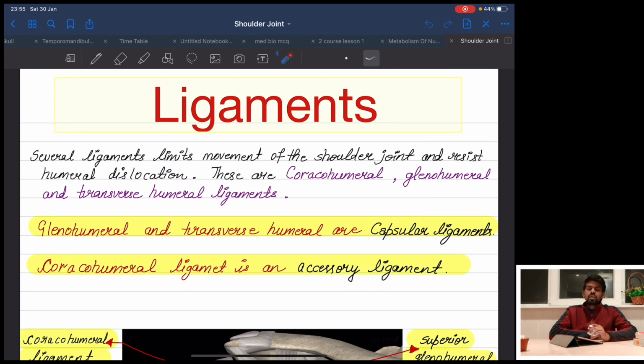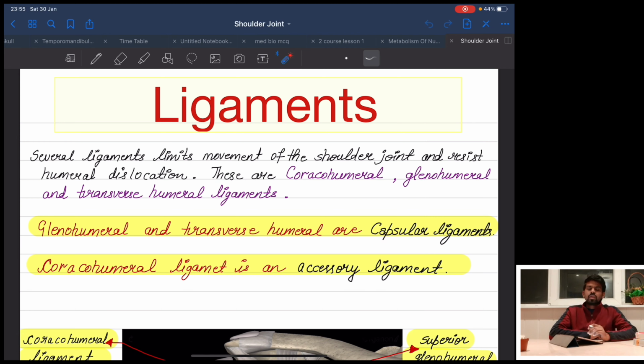That means these ligaments are on the articular capsule. Now, the coracohumeral ligament is an accessory ligament of the shoulder joint and a main important ligament of the shoulder joint. Later in the video, I will tell you why this ligament is very important.